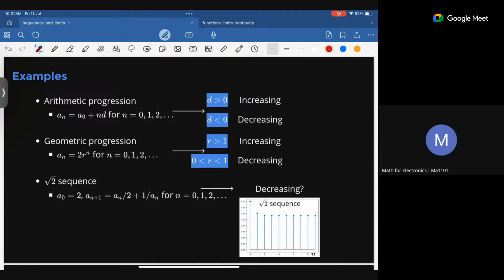The statement is: a non-decreasing sequence that is bounded above has a limit.